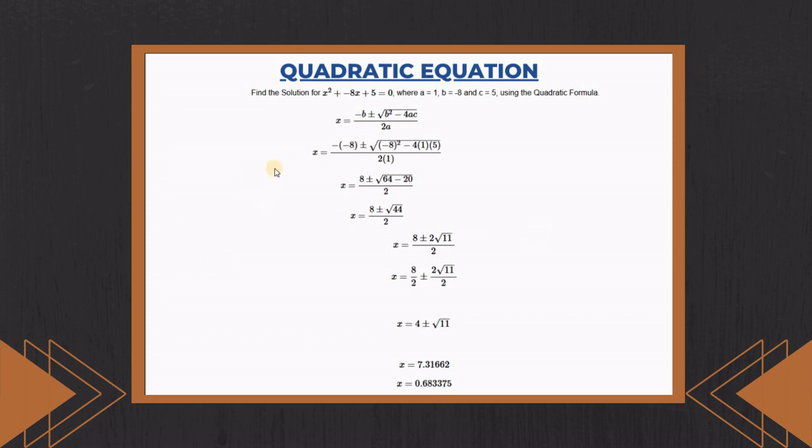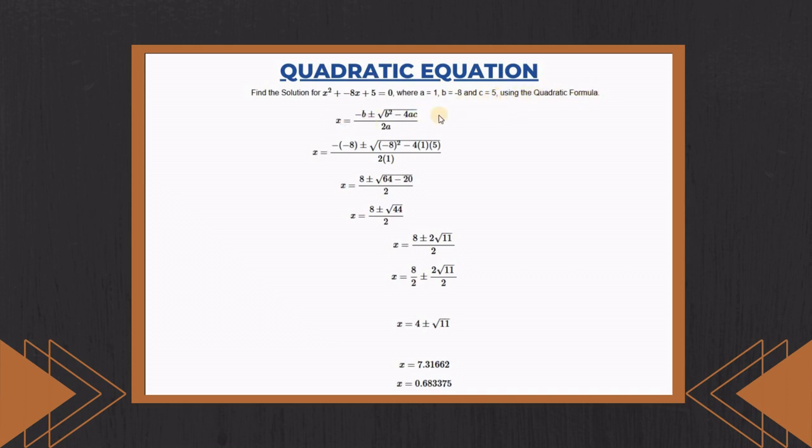So here is what I'm going to ask ChatGPT to do. First of all, I'm saying find the solution for x squared minus 8x plus 5 equals 0, where a is equal to 1, b is equal to minus 8, and c equals 5. And we're going to use the quadratic formula.